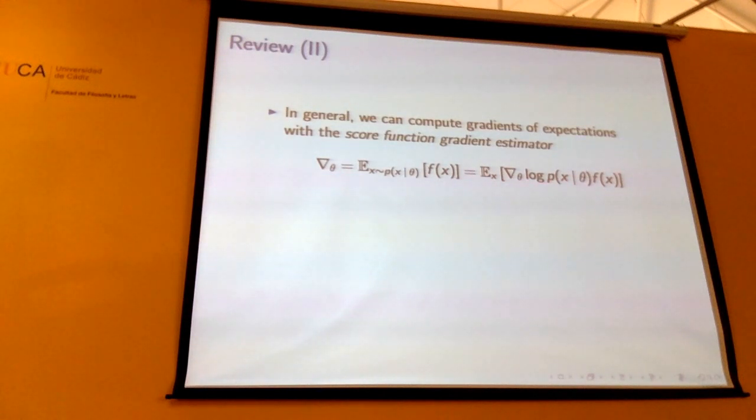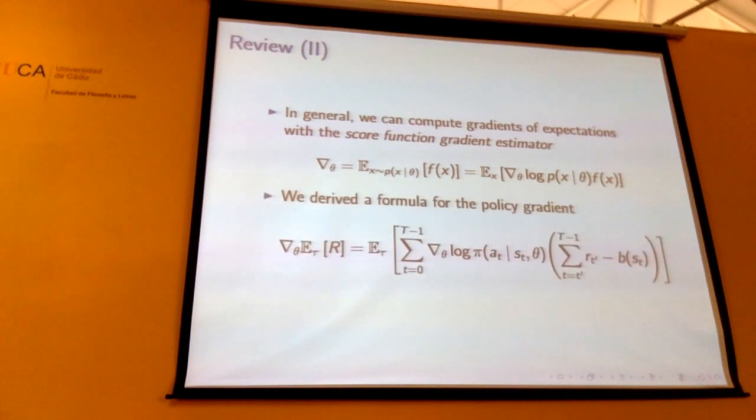So that means to compute this, all you have to do is take a bunch of samples of x, sampled from your probability distribution P, and then you multiply each of those samples by grad log probability. This assumes that you have access to the probability distribution, and then you average those estimators together, and your sample average gives you an estimate of the gradient.